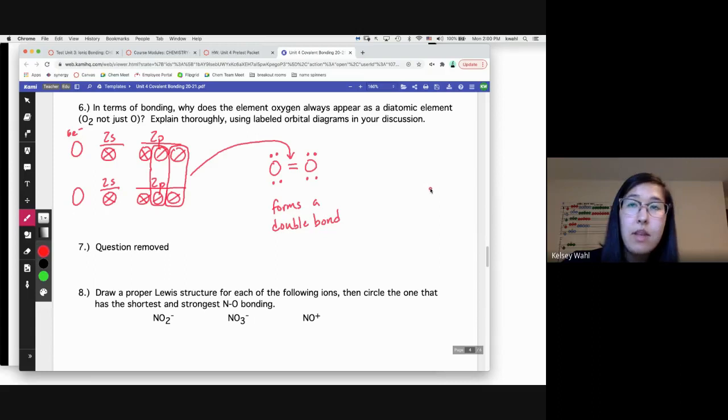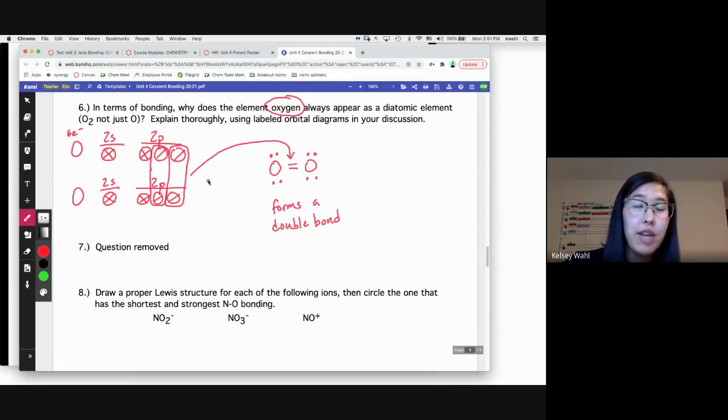Pretty cool. So this type of question, we just did the one that's actually in the pretest packet. So you could copy that into your pretest once you open it up. But if you want more practice for this style of question, just replace oxygen with any other diatomic element, and you could do the same thing.